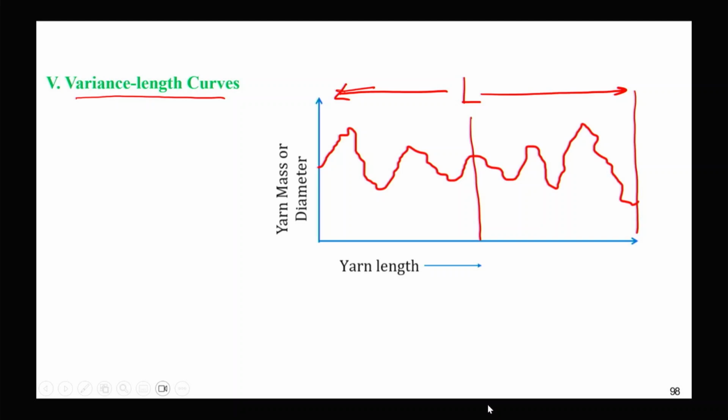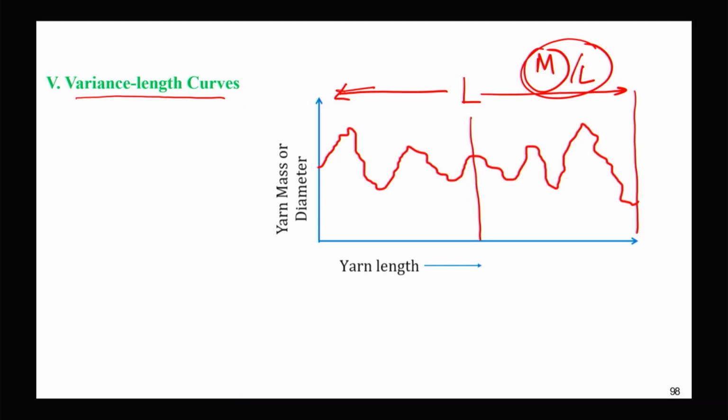Initially the total length is L and mass is say M. As we are taking the whole length, there is no variability. We cannot get any variability within it. So, we will get one mass per total length, M, because we have only one data.